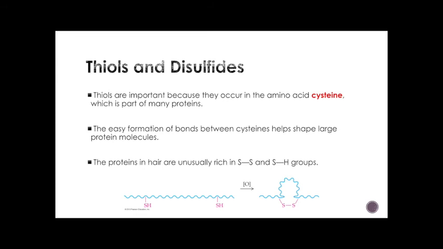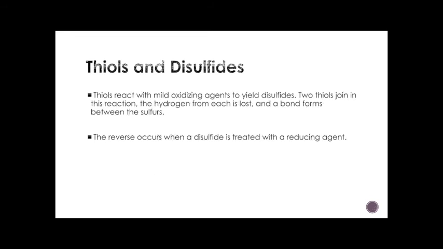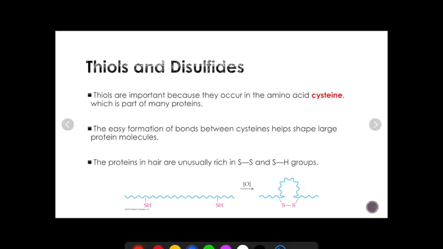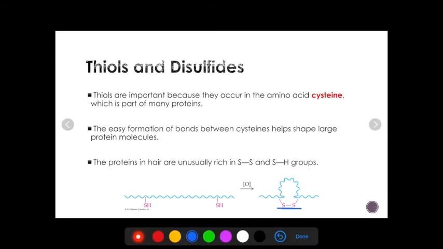If you have curly hair, what's happening for those curls to happen is this disulfide bond right here. Straight hair looks like this, where we just have the thiol groups. That's kind of neat. This is basically what those disulfide bonds in large proteins are able to do, making these curves in those proteins to be able to function.